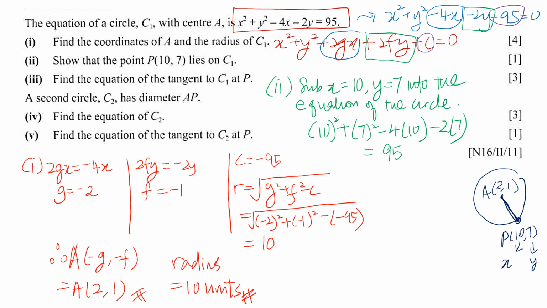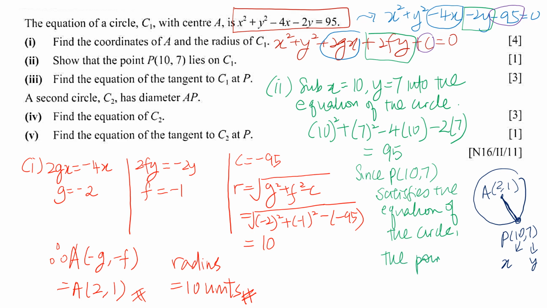So we need to say that since P, the point (10, 7), satisfies the equation of the circle, the point lies on C1. All right, so that's how you do part 2.